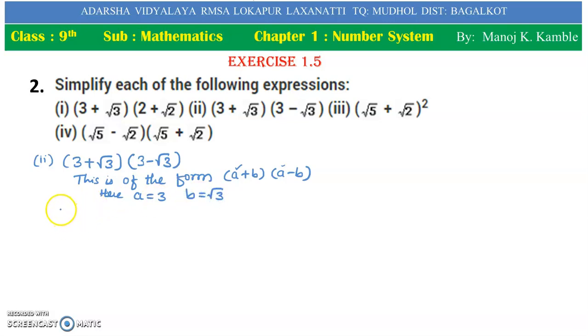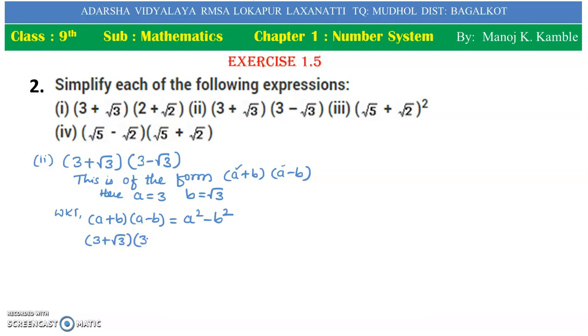Therefore we know the identity, that is (a plus b) into (a minus b) is equal to a square minus b square. So in place of a, 3, in place of b, root 3.